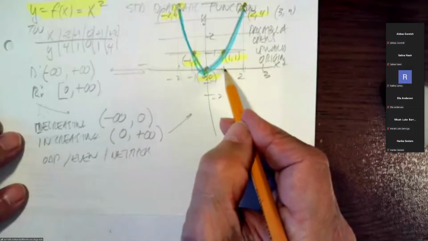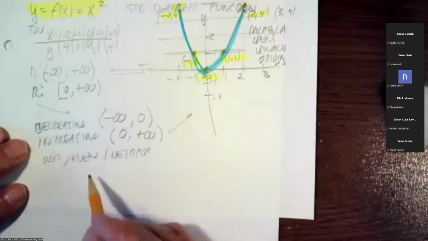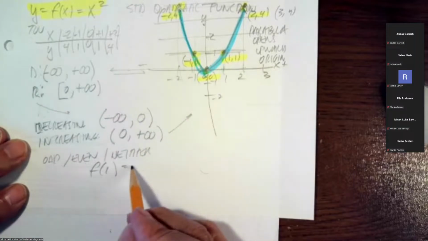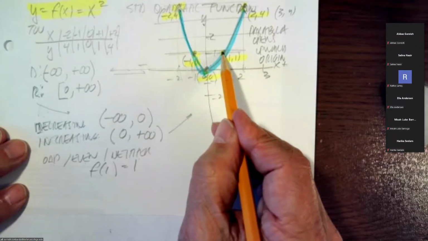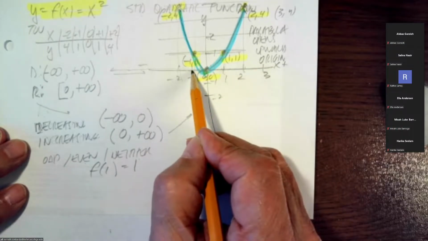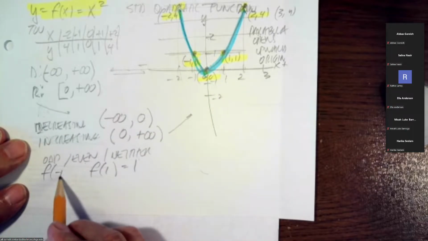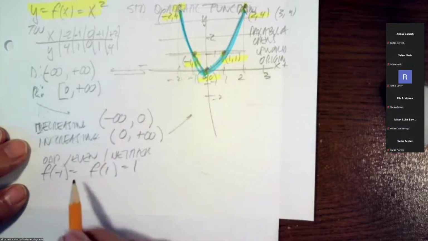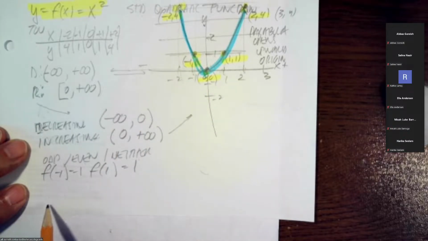Correct. So if we were at positive 1, we evaluate f at positive 1, and we'll say that's 1. Here it is here. And then let's look at f evaluated at negative 1, and that's going to be 1 again, isn't it? So it would be even.